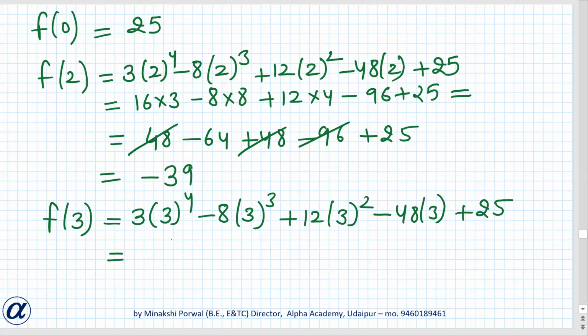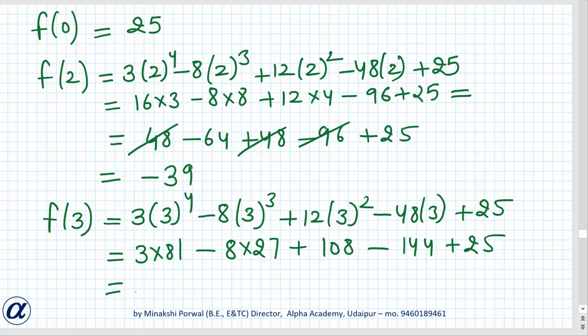So that is 3 to the power 4 means 81 into 3, which is 243, minus 8 into 27, which is 216, plus 12 into 9, which is 108, minus 144 plus 25.